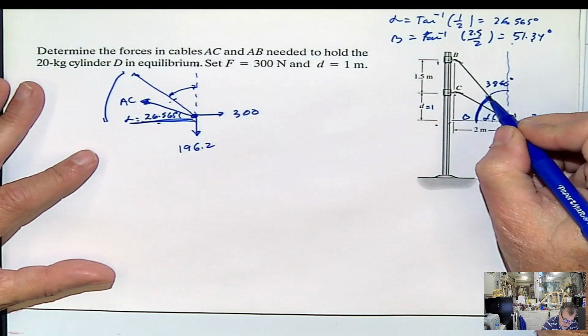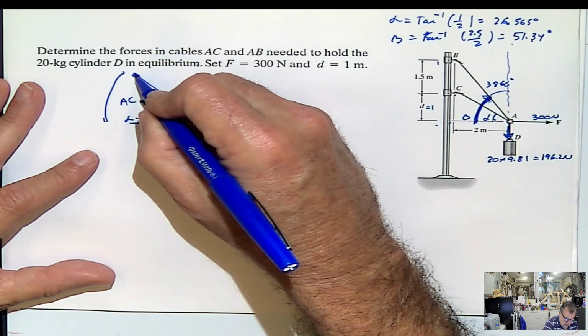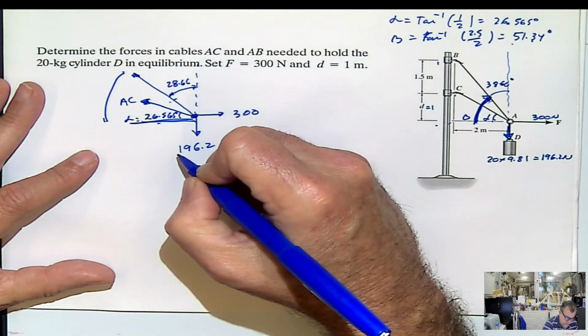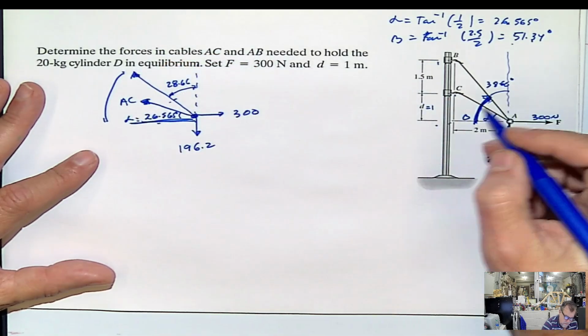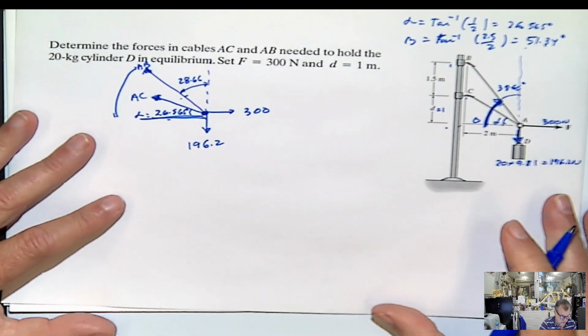Because of the drawing, to make it simpler, I'm gonna use this one, 38.66. And this vector, this force, will be AB.